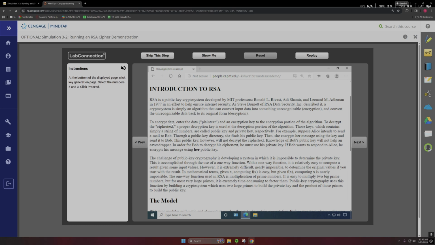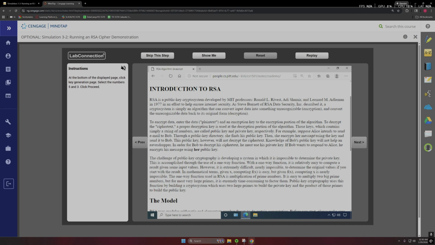To encrypt data, enter the data, plain text, and an encryption key to the encryption portion of the algorithm. To decrypt the ciphertext, a proper decryption key is used at the decryption portion of the algorithm. Those keys, which contain a string of numbers, are called public keys and private keys, respectively.